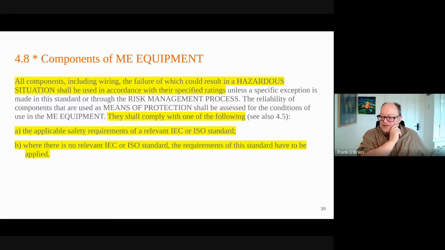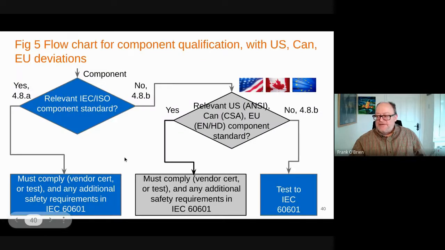B is the general, pass your basic safety and essential performance kind of stuff. So that's your generic IEC requirement. In fact, if you look at the US, Canadian, and European CENELEC versions, each of those jurisdictions modifies this clause.